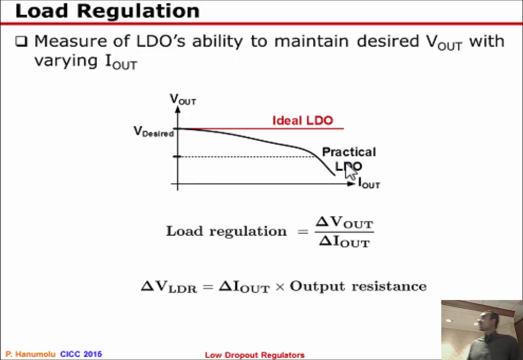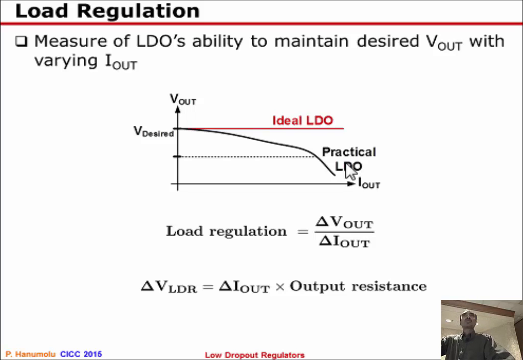So load regulation is similar to line regulation, except we are changing the load current. Here I'm plotting a conceptual diagram of how the output voltage changes as a function of the load current. Ideally we would want to not change the output value regardless of what the output current is, but in practice any LDO has a finite output impedance.